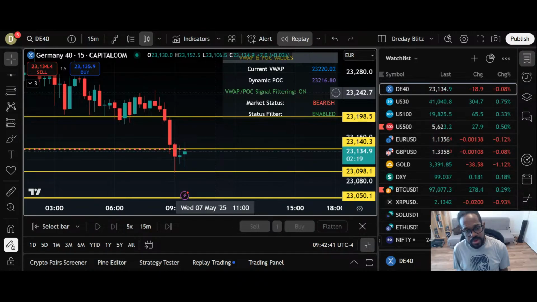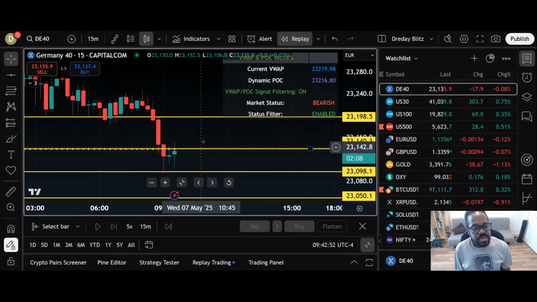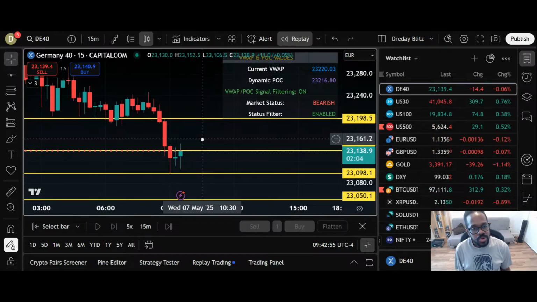Even though they were correct in regards to the direction of the market, most of the time the price is gonna hit their stop loss, or they were well in profit, but they didn't close their trade in profit because it was too wide.